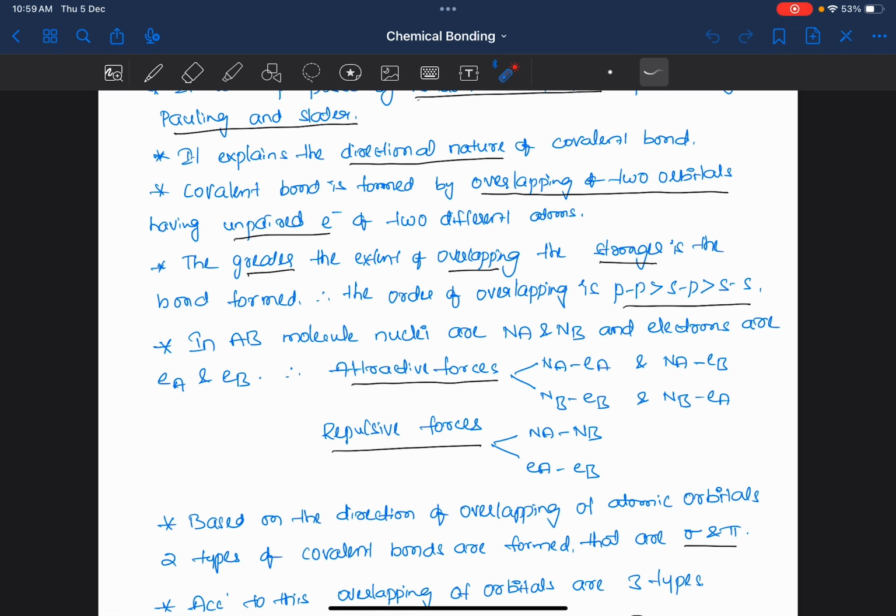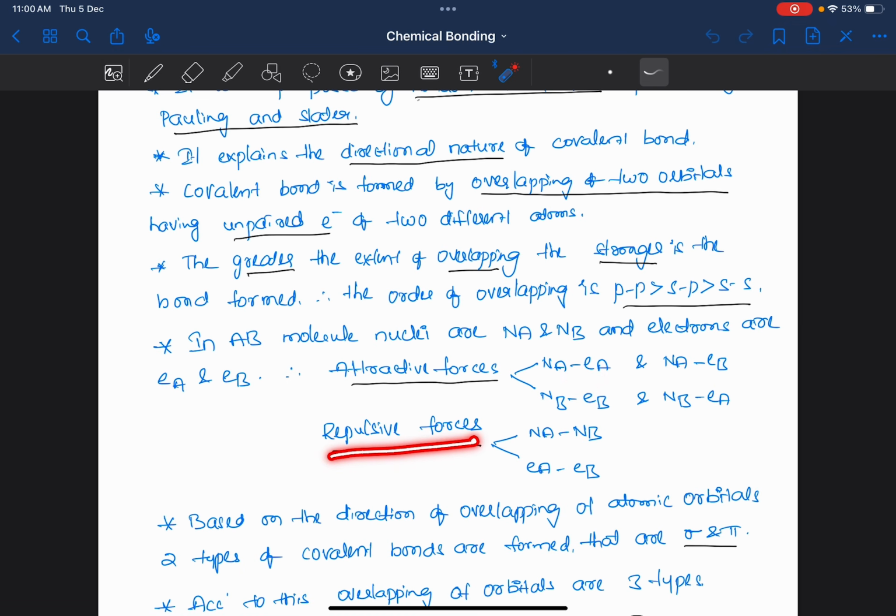Totally four types of attractive forces are observed: Na-Ea, nucleus of A atom and electron of A atom; Na-Eb, nucleus of A atom and electron of B atom; again, nucleus of B atom and electron of B atom; and nucleus of B atom and electron of A atom. So these are the four attractive forces.